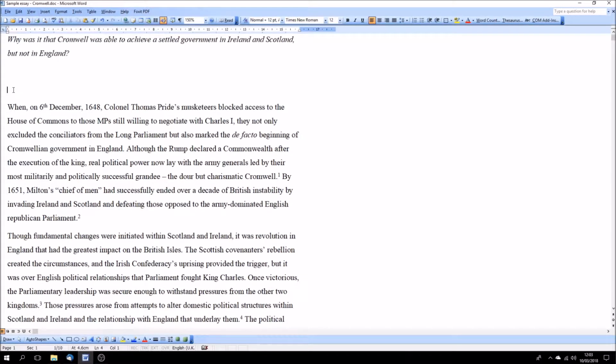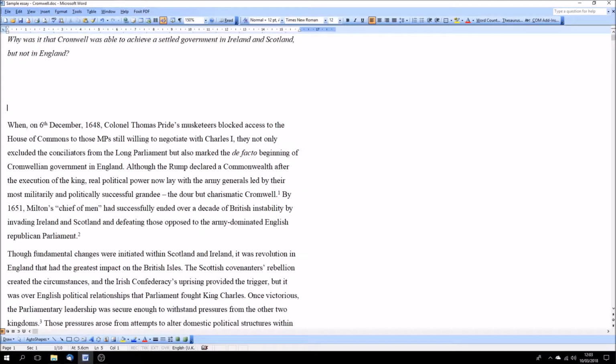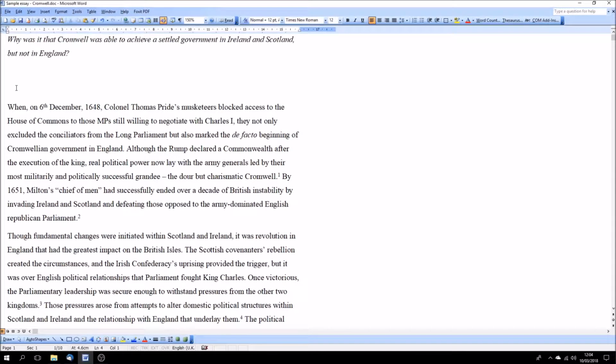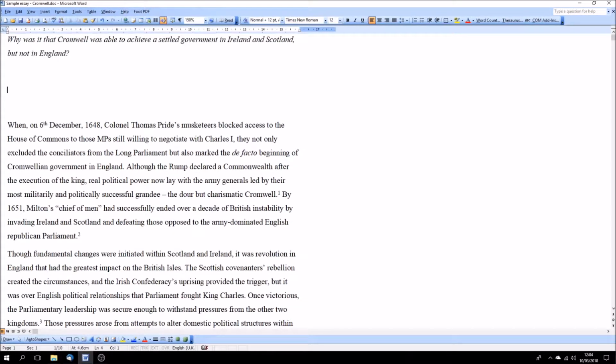There's another grammatical thing which always gets me annoyed, and that is the use of the single possessive. So for example, whose equals who is. Okay, so let's have a look here. Let's say Cromwell's purge of Parliament.